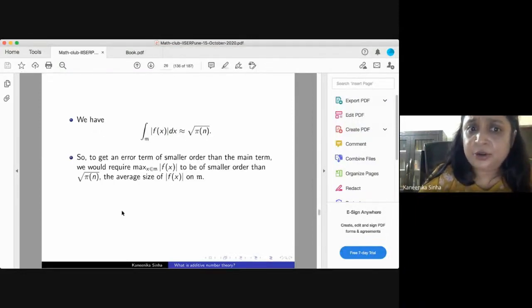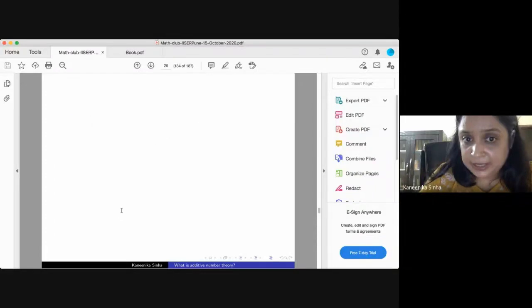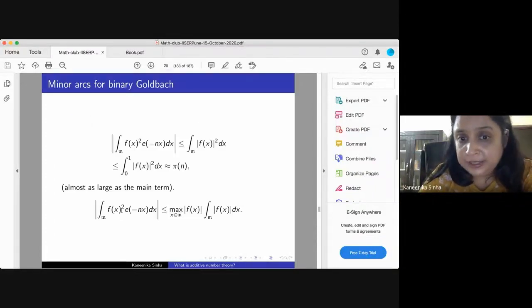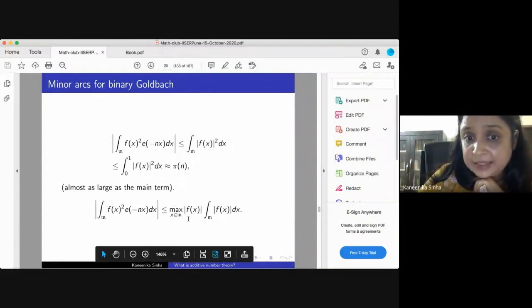Okay, so this minor arc is supposed to give you the error term, so to get an error term of smaller order, your main term is of the order of pi of n. So what you want is that the right hand side here should be of order strictly less than pi of n. You are telling me that the integral part is contributing root pi of n. So you want this maximum bit to be of order much smaller than root pi of n.